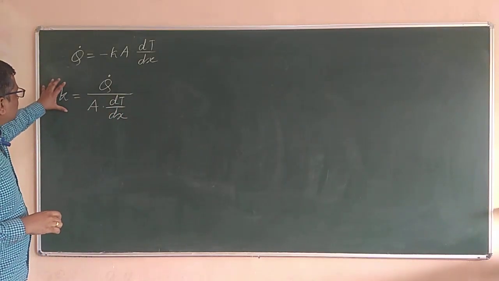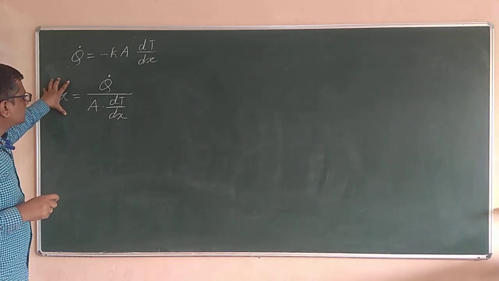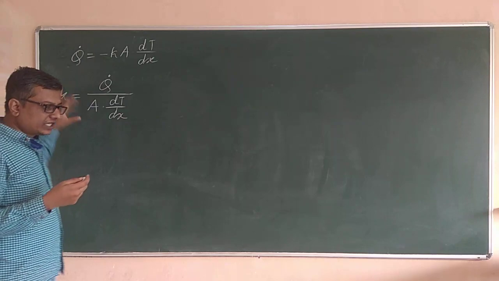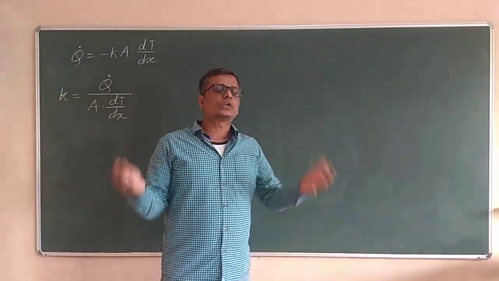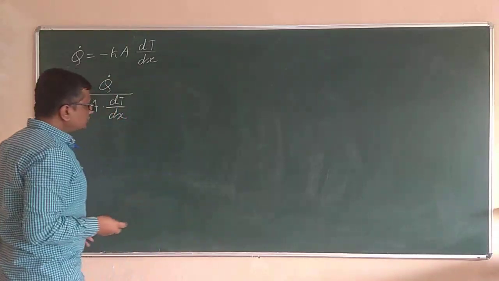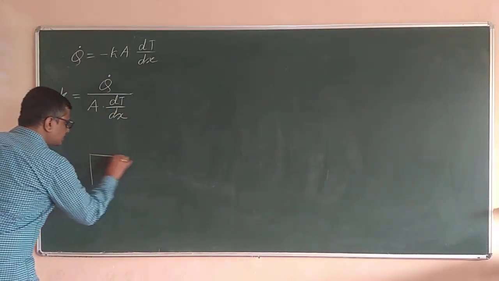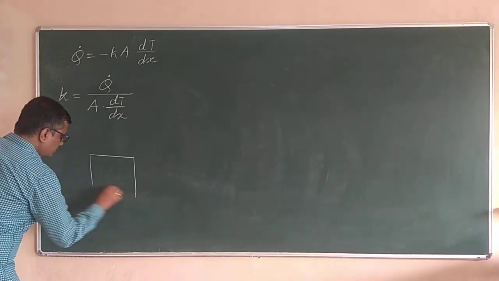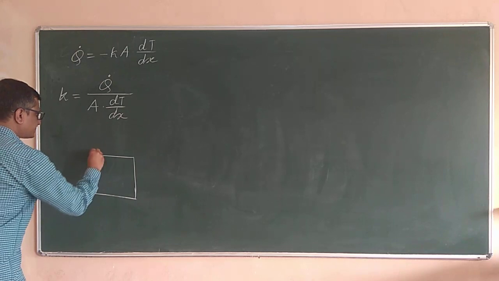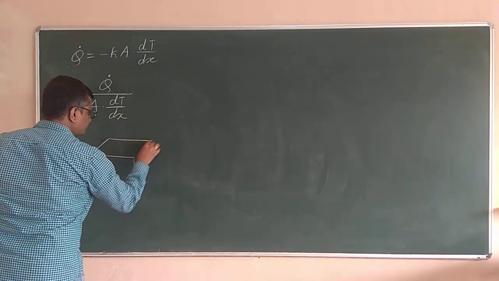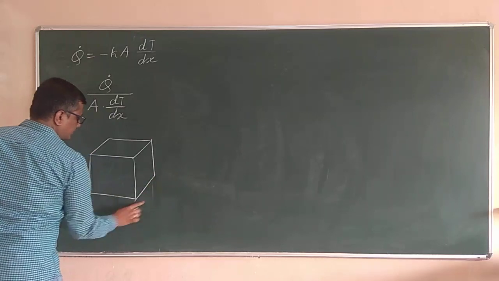Now if I take a specific condition, for whatever material you want to find the thermal conductivity of, for example, take an iron block. I am going to take one iron block of such dimensions. One iron block of side 1 meter.